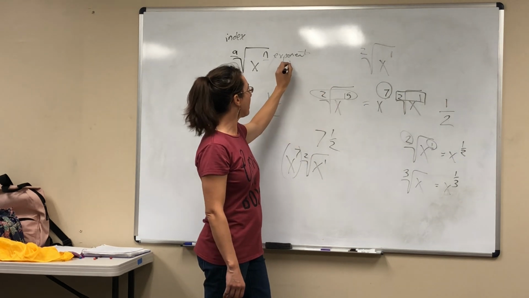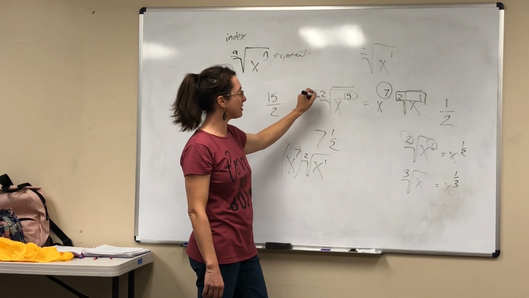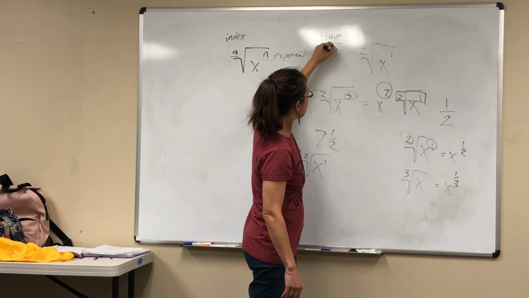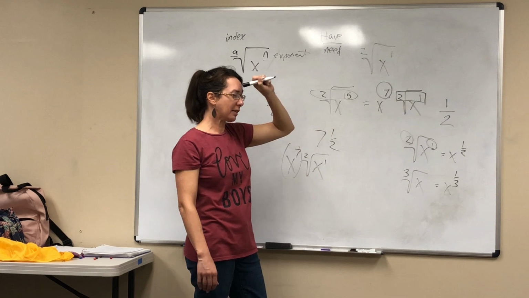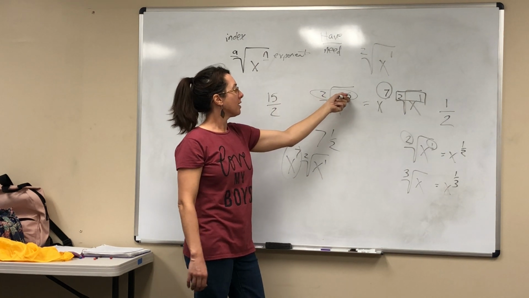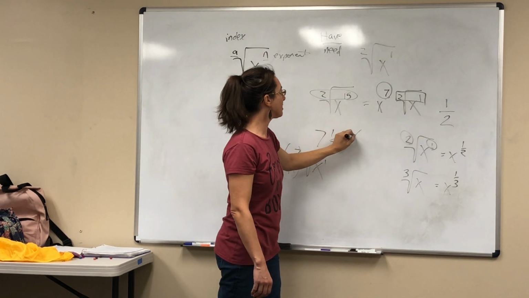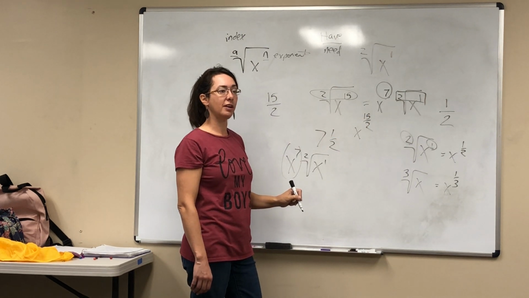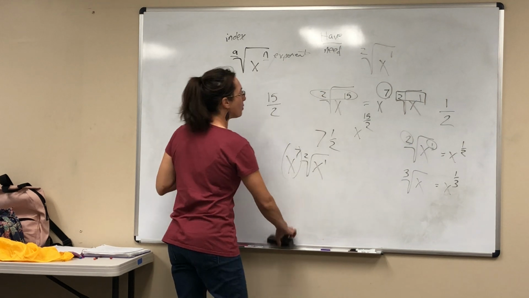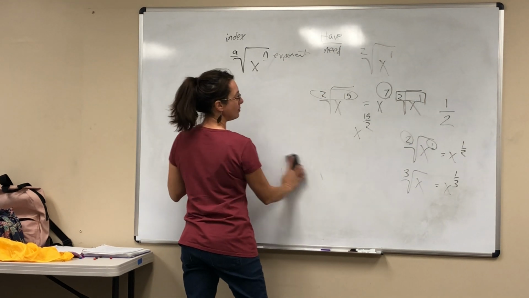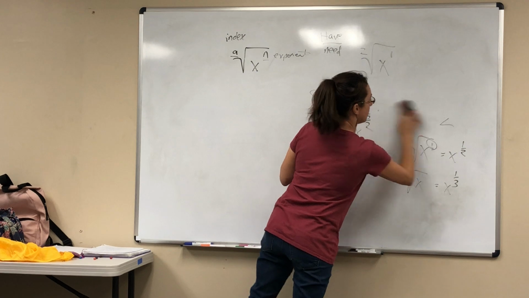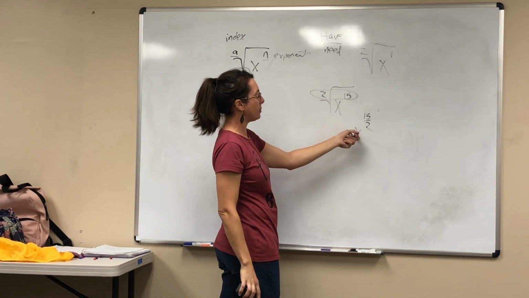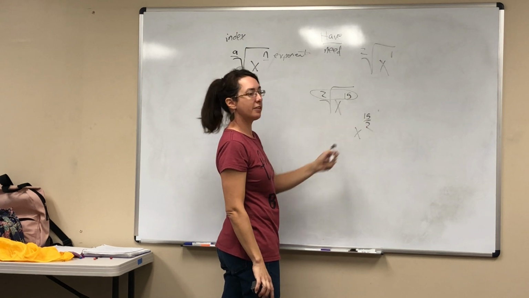So I take my exponent divided by my index, my have divided by my need, right? Group, so back to that basic division. We can rewrite x to the 15th as x to the 15th over 2, right? So I could just start with my big one all the way out. So the square root of x to the 15th could be written as x to the 15/2.